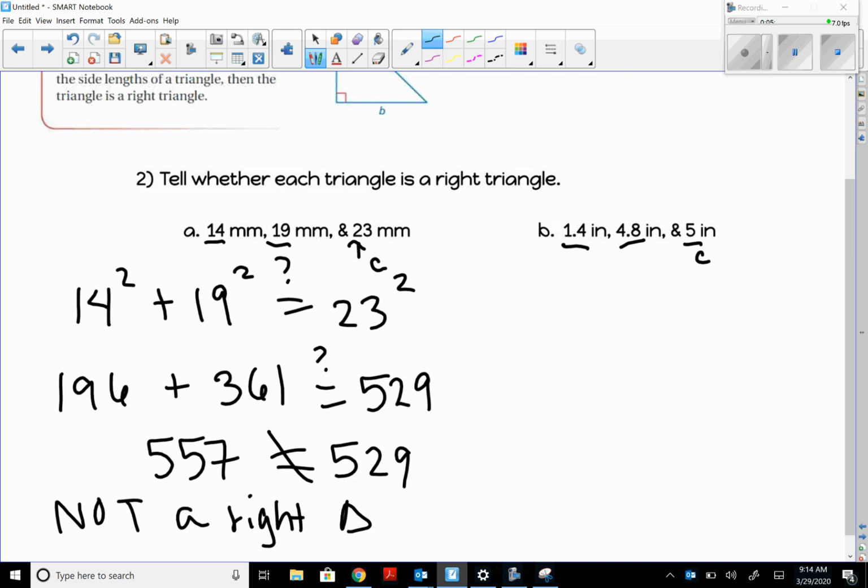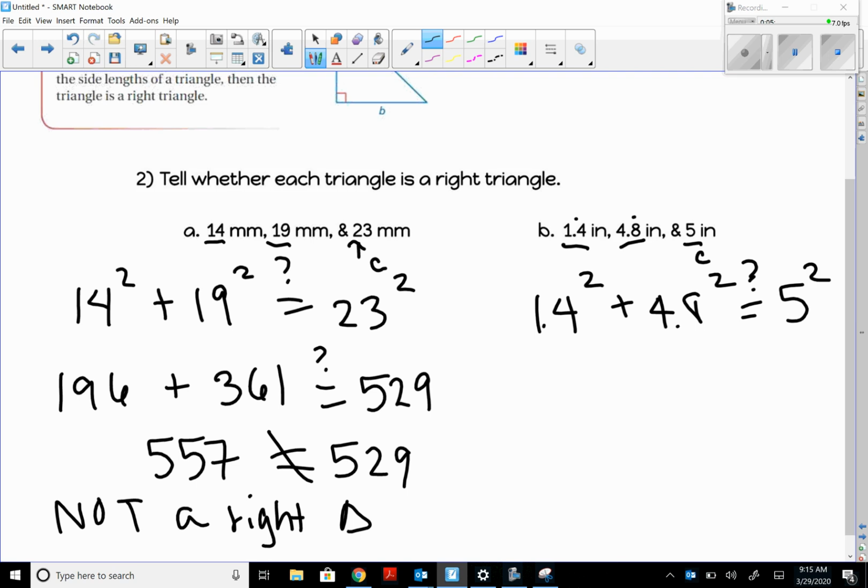All right, last one. Again, the 1.4 and the 4.8 are going to be the legs if it is a right triangle, because those are the two shorter sides. So let's see if it is. 1.4 squared plus 4.8 squared. We're trying to determine if that equals 5 squared.